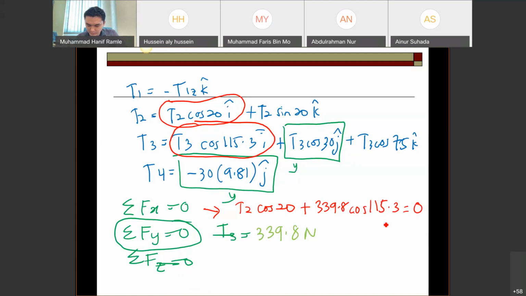So you will get T2. How much is T2? T2 is 154.6 Newton.